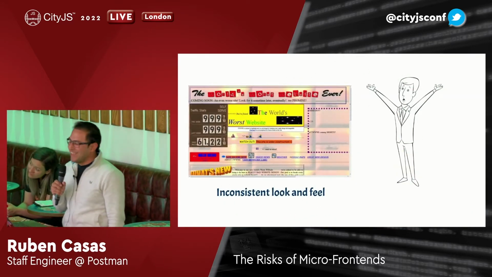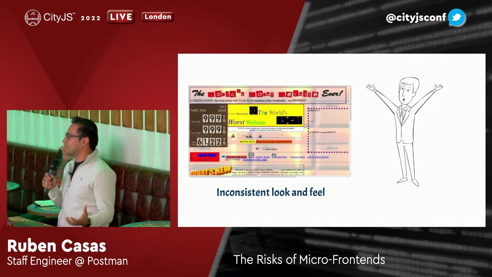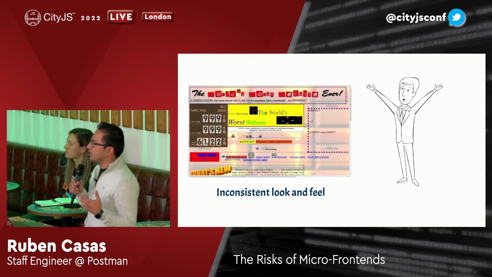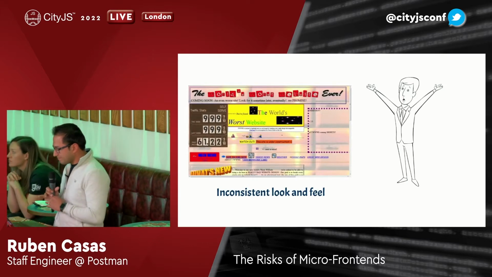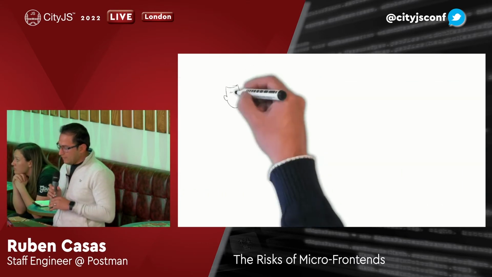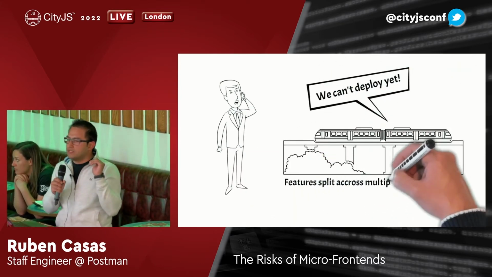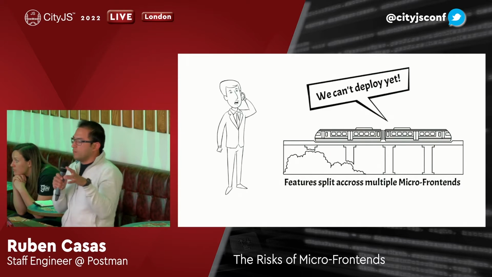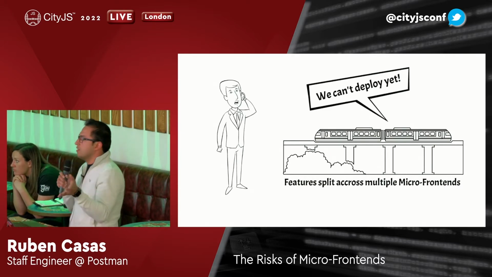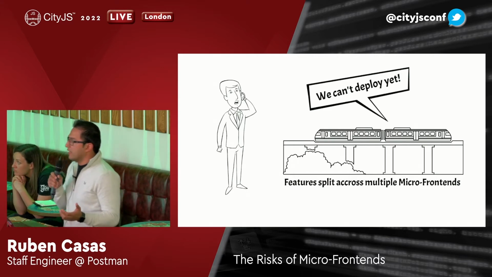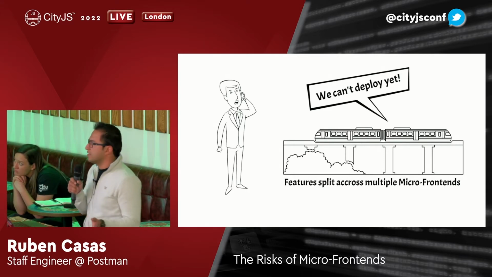He started to have a monster of a website where it's a complete mess and inconsistent look and feel. Nobody knows what's going on with that website. Also, the way his company worked, they didn't want him to release small features. They wanted to do big releases because that's how they used to do it. They said, no, you can't release every day, we have to release every week.